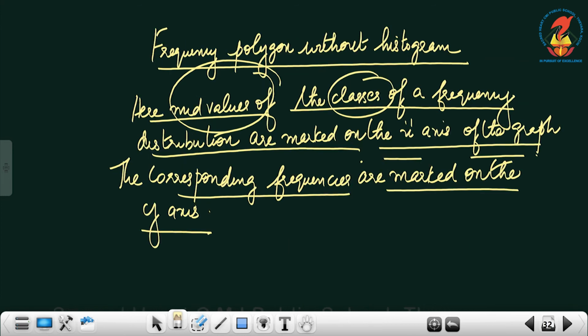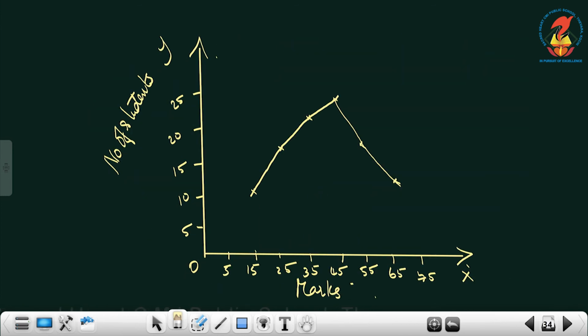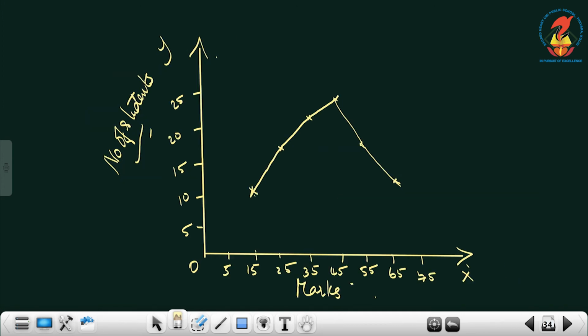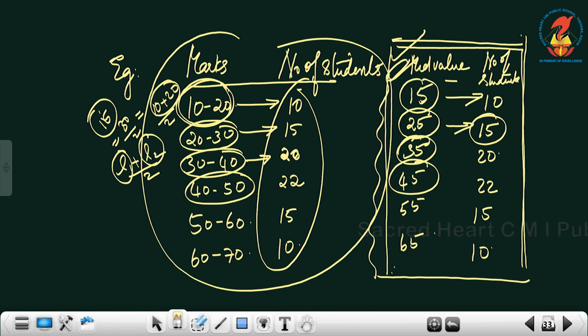15 will be marked on the x-axis and frequency will definitely be marked on the y-axis. So, what is the value of 15? 15, 10. Then comes the next one. For 25, it is 15. Then the next one is 35.